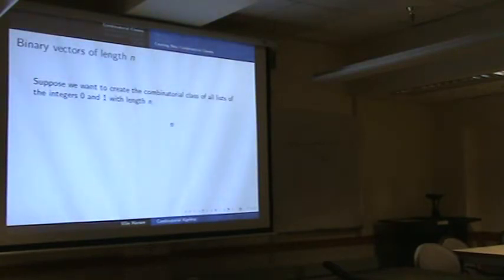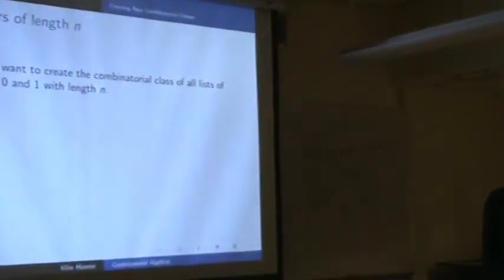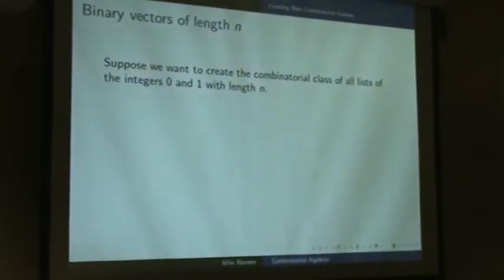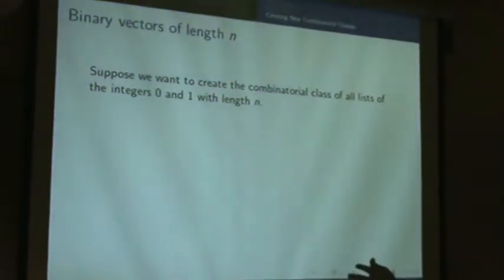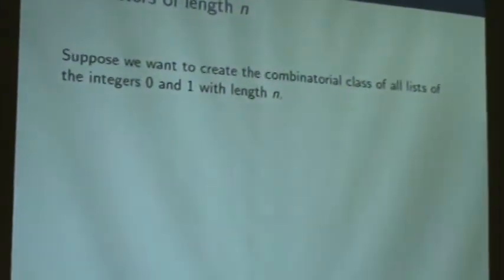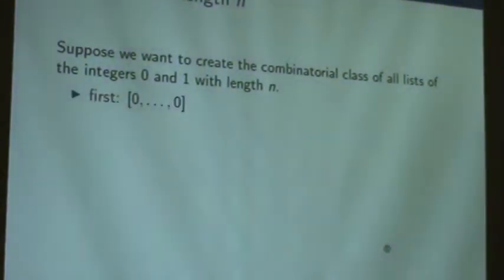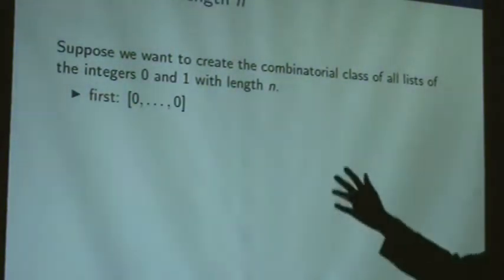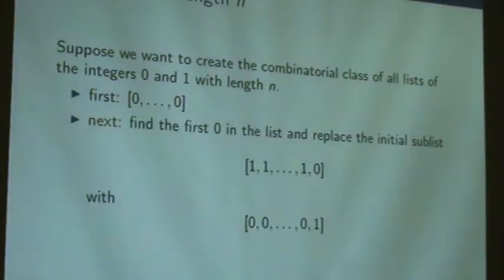So I'm going to show you an example of how you would write a new combinatorial class corresponding to binary vectors of length n. This is just the class of all, say, Python lists, where each element of the list is either 0 or 1. We could do it in the following way. We could specify the first binary vector, which is just the all zeros one. And then we could implement a next function.